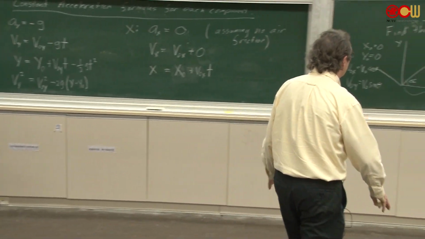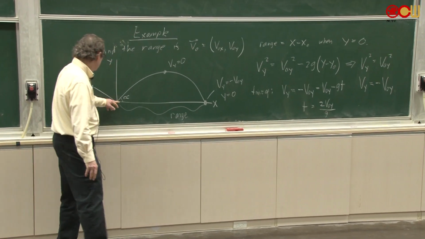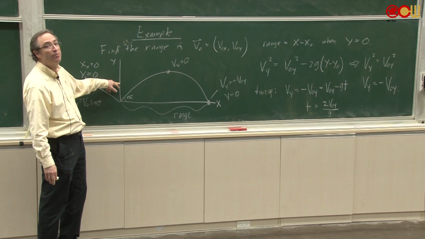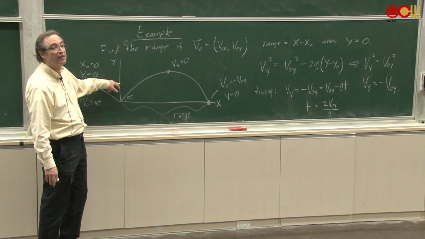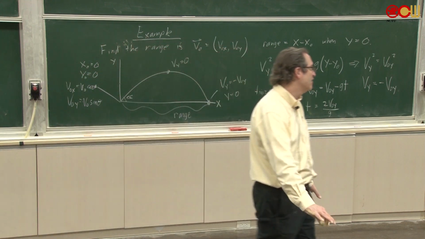More complicated problems would be such where you shoot the object not from the ground, but maybe from a certain height, and then you can follow through. But it's all the same strategy.